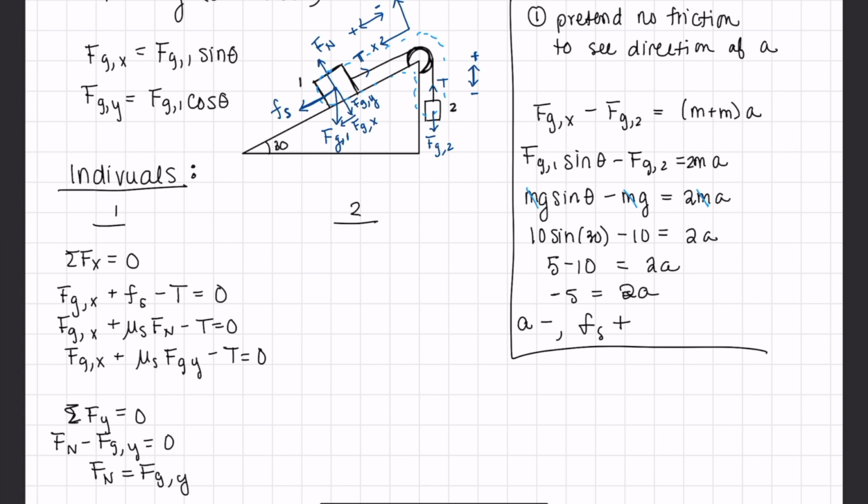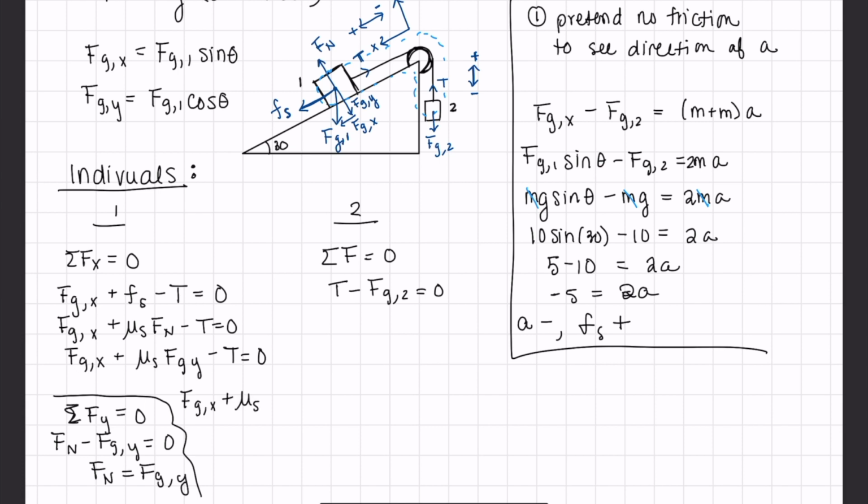And then we'll look for the sum of the forces for box 2, which will be tension minus FG2 equals 0. So for this one, I'm going to go ahead and add tension over to the other side, so that way we can get an expression for tension. I did not leave myself a great amount of room, so I'll put that over here.